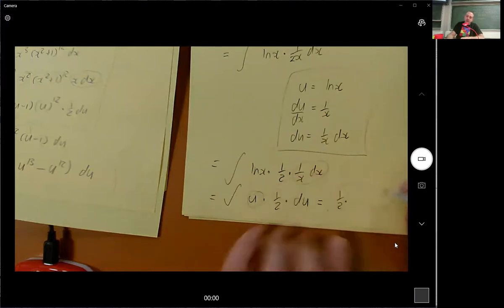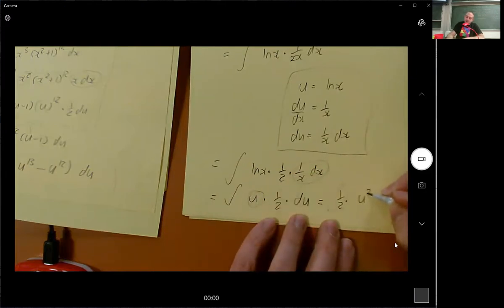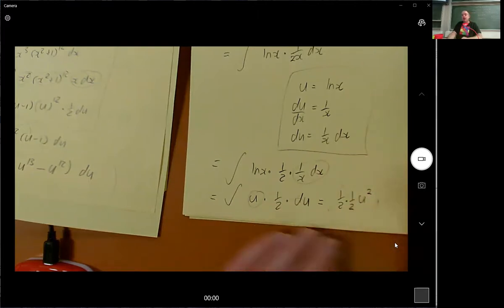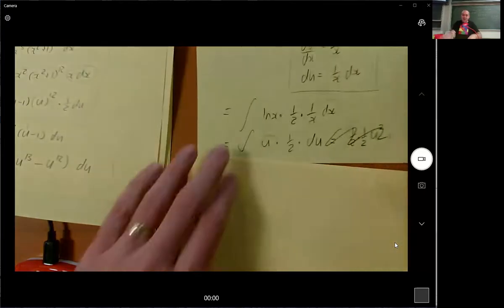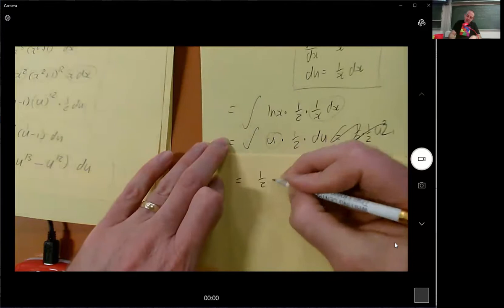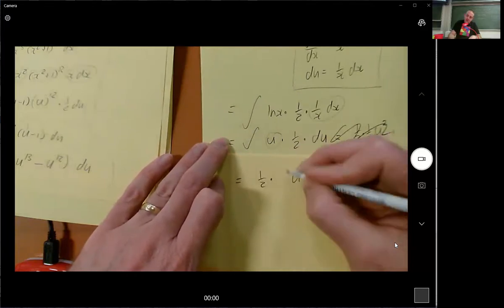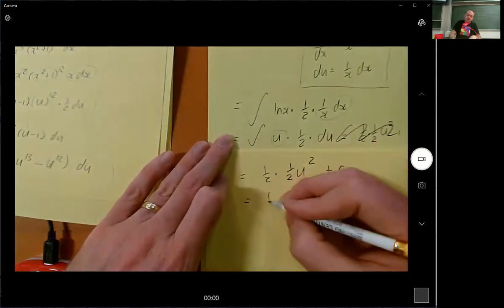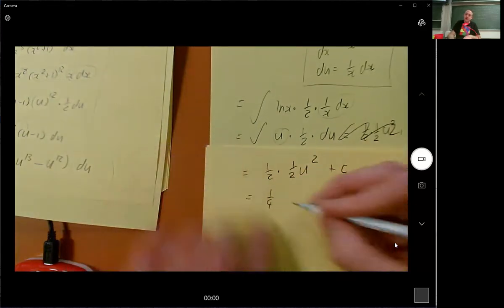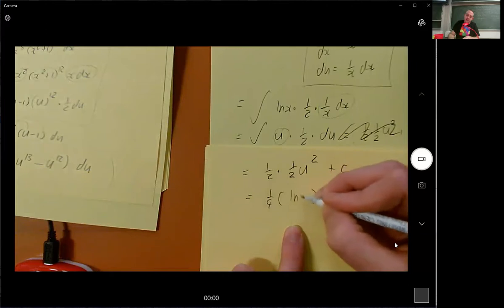And the integral of u is power exponent up by 1 divided by new exponent. And I really shouldn't have done that there. I need a whole new page. It's not going to fit. So there we go. Equals half is still there. U to the power of 2 divided by the new exponent. And so I've got a quarter of u squared, but the u is really ln of x.